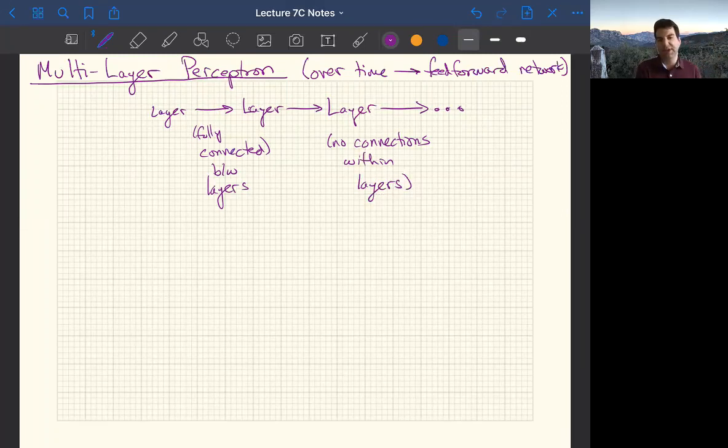And so the convolutional neural network fits within this structure. So if we can figure out how to train this structure, we can train a convolutional neural network.